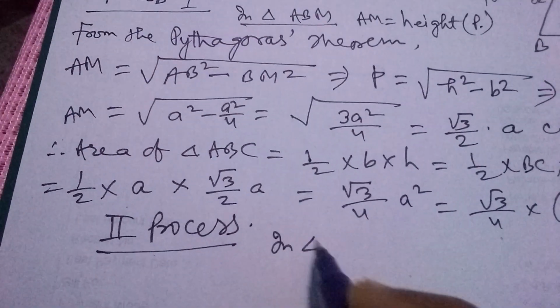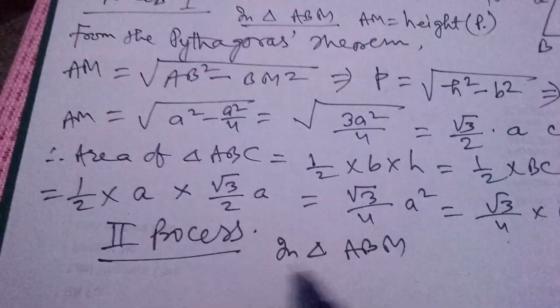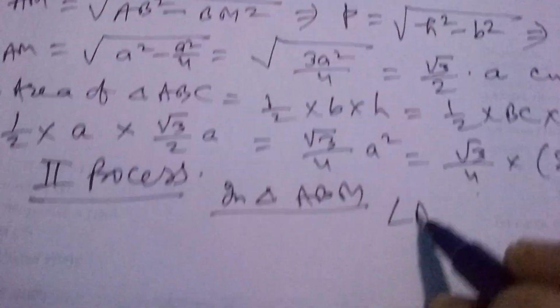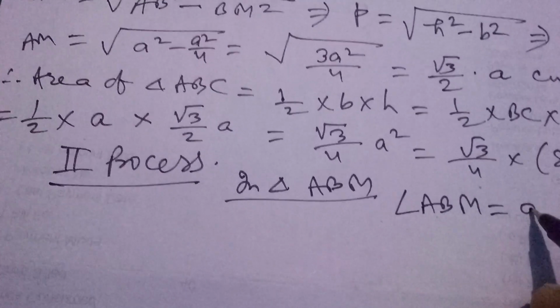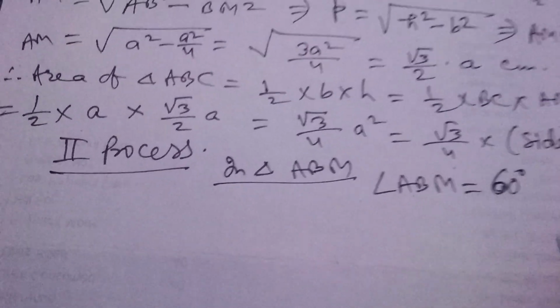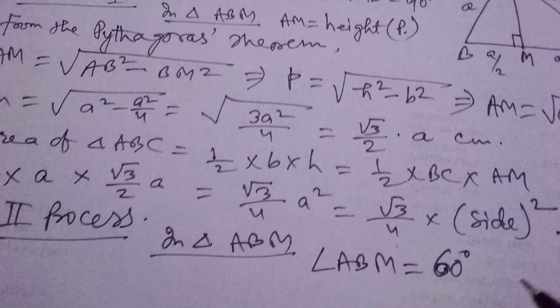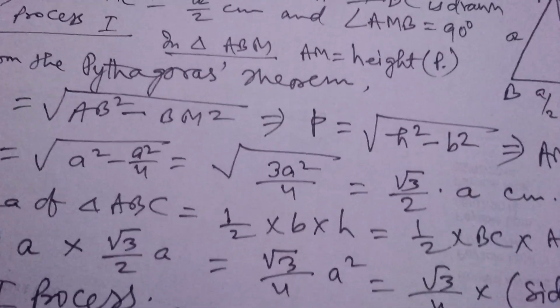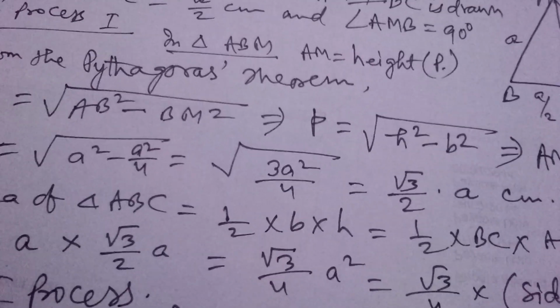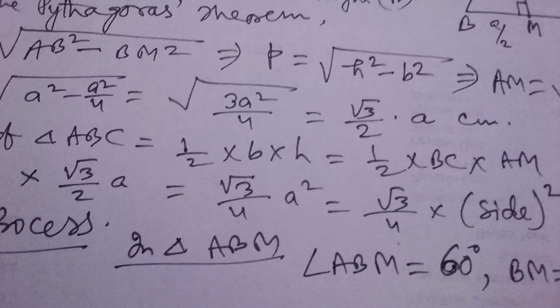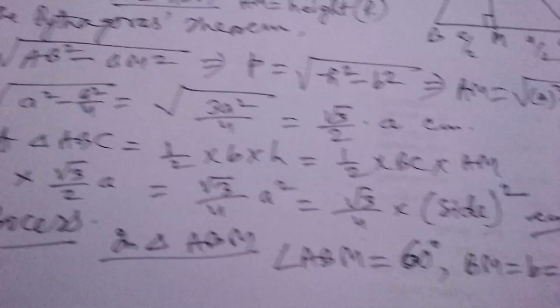In triangle ABM, you find that angle ABM equals 60 degrees, because each angle of an equilateral triangle is 60 degrees. For this 60 degrees, BM is the base, that is a by 2.